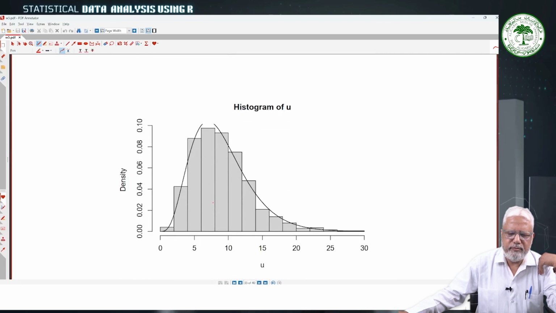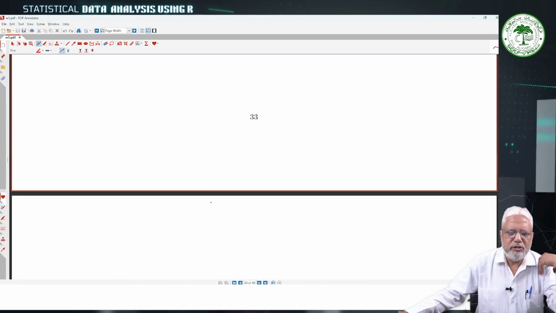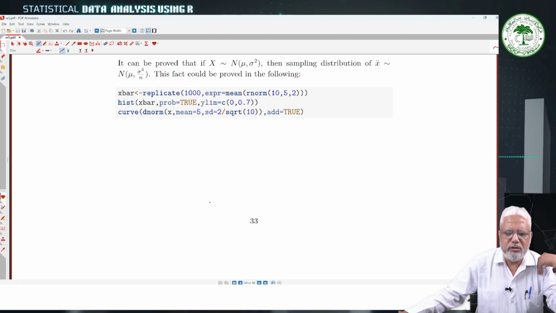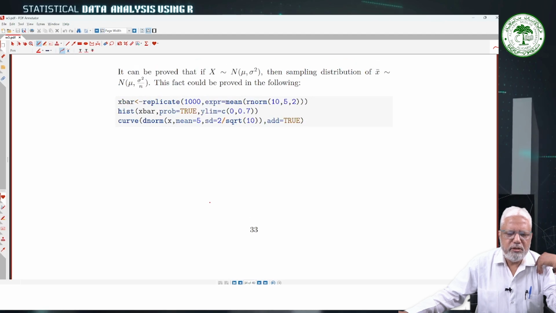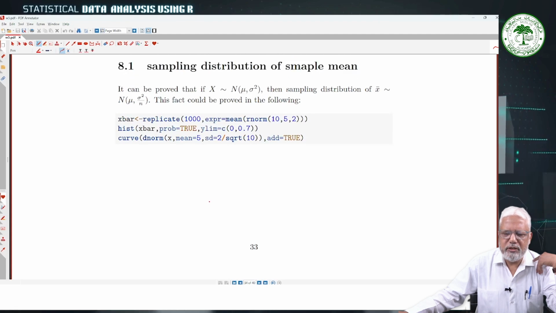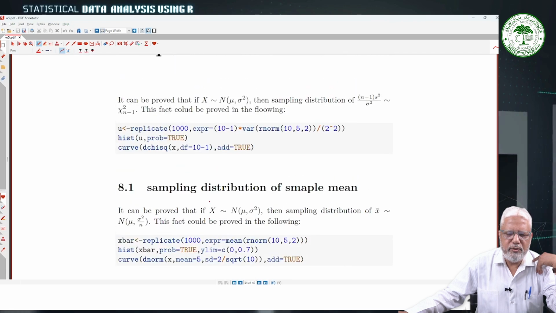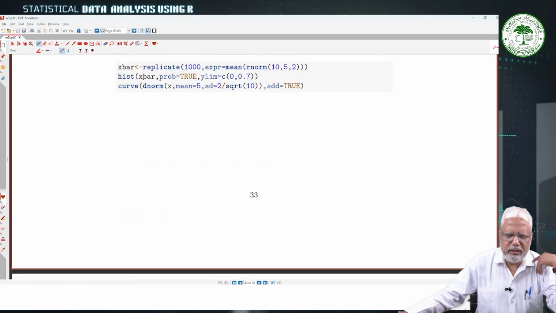See, this is the simulation from chi-square distribution, where the number of observations is 10. So it will be 10 minus 1, that is 9 degrees of freedom.